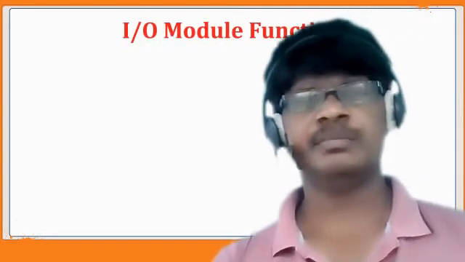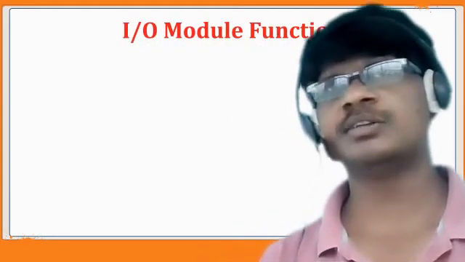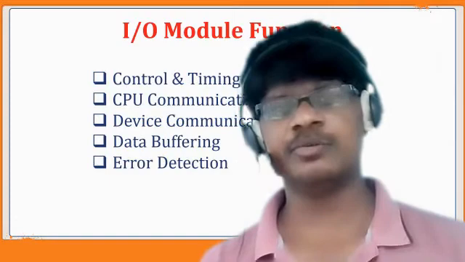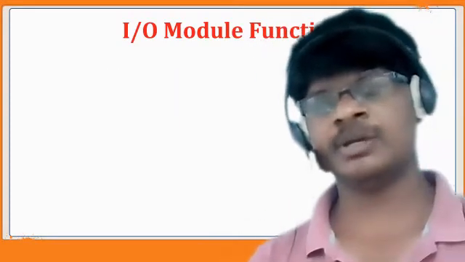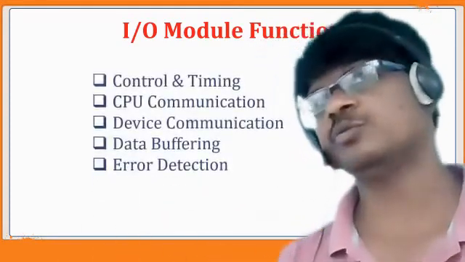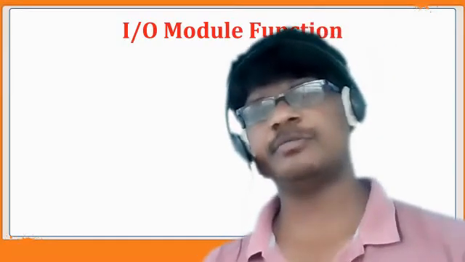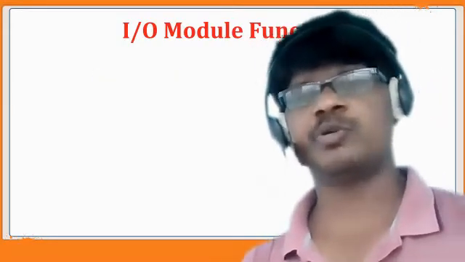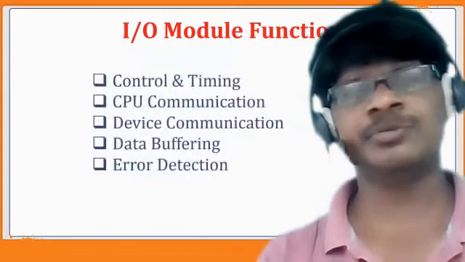The next one is, what is the function of this I/O module? The main function of this I/O module is to control the flow of data, the input and output, and also depends upon the timing. And also it communicates with the CPU, what kind of data to be transferred and what kind of data to be processed. So it helps to translate.